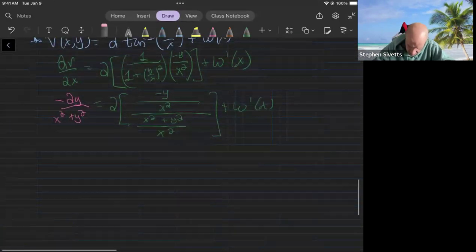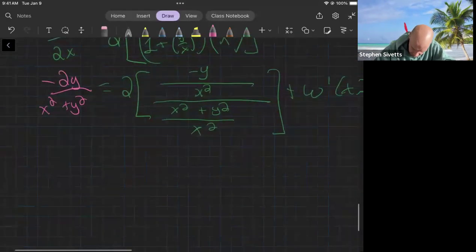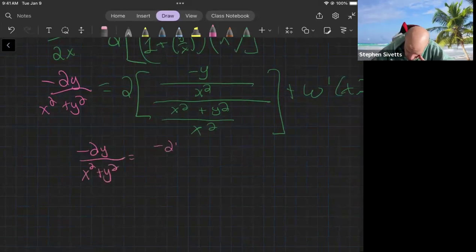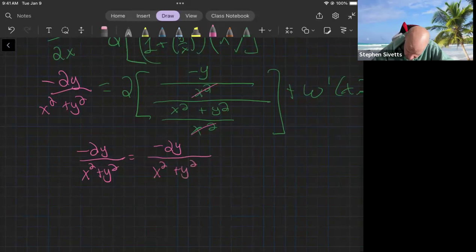So these x squareds will cancel. Minus 2y over x squared plus y squared plus w prime of x. So hopefully that made sense.